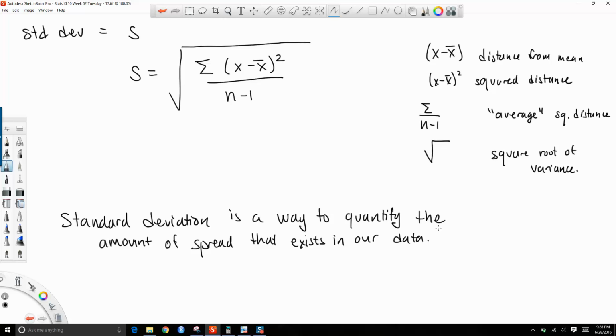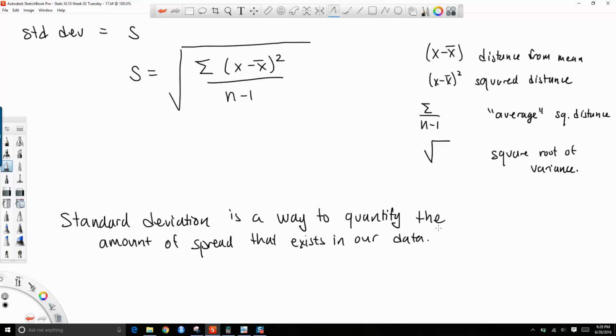So earlier when we were talking about cats and dogs, okay? For cats, we would expect the standard deviation of weight to be fairly small. Okay, we expect most cats to be within a few pounds of each other, and so we would expect the standard deviation, which is just a way to quantify that, to be a small number.